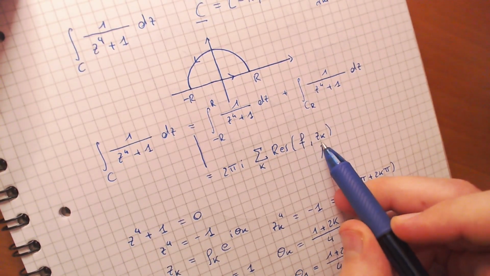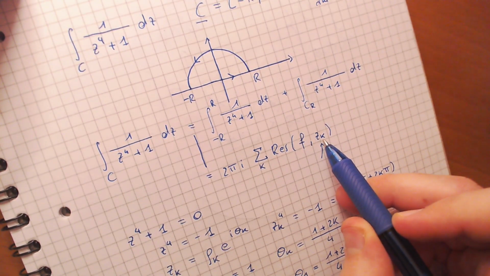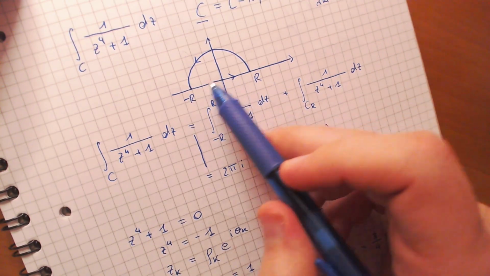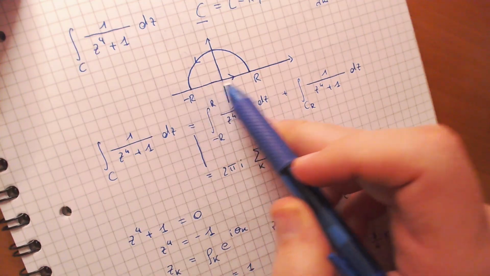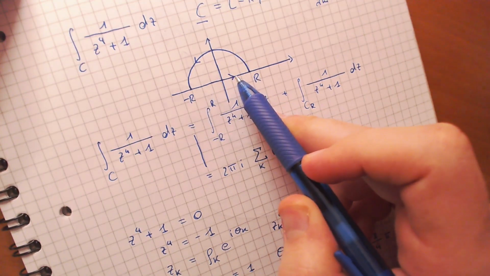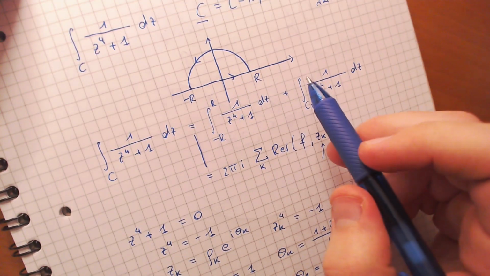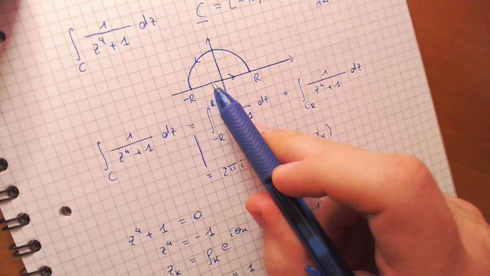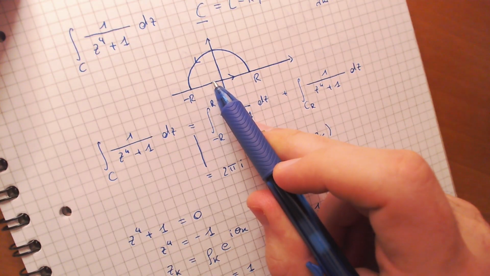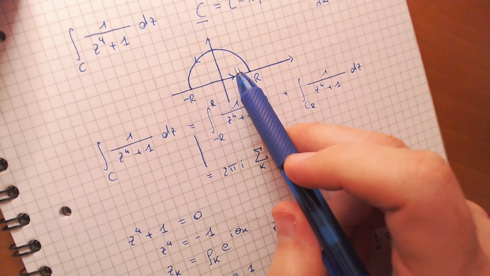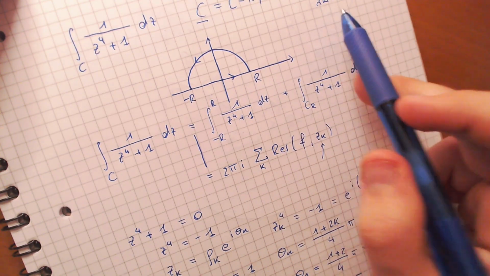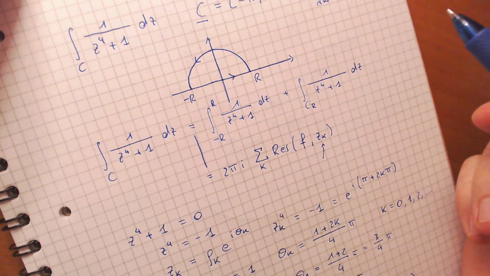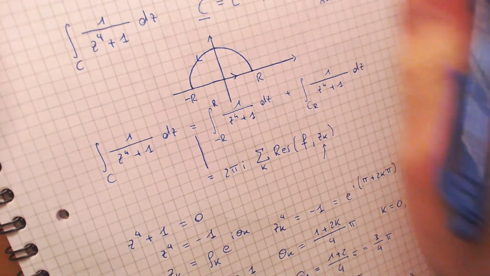theorem we have to consider just the poles zk that are inside this path, inside C. So we have to consider just z0 and z1, which are the two poles that have a positive imaginary part.